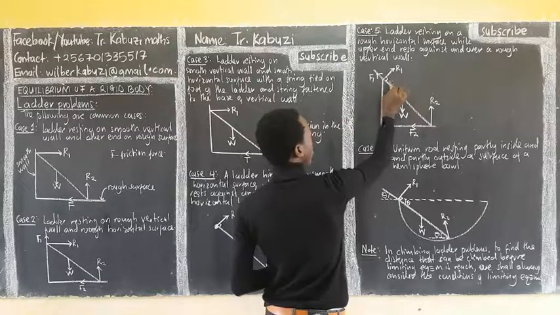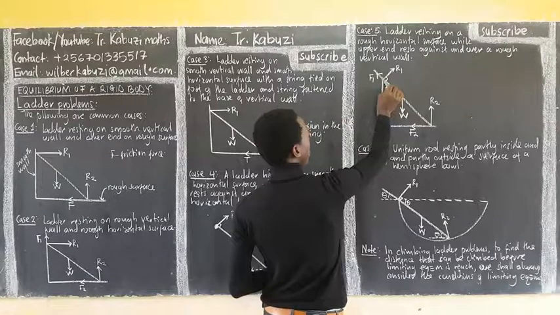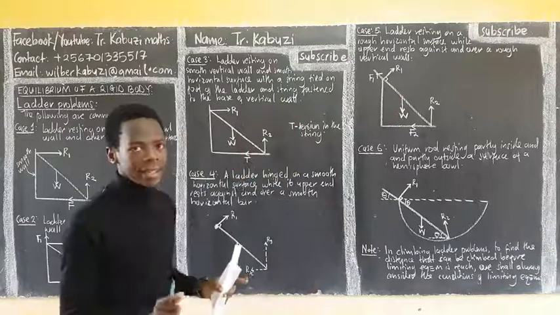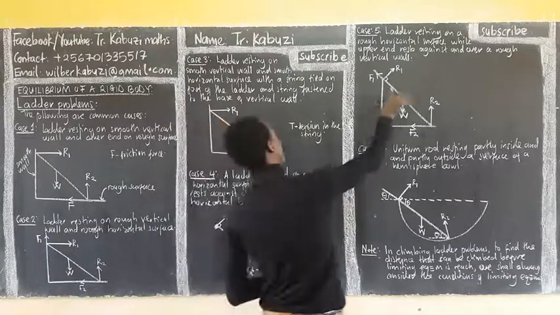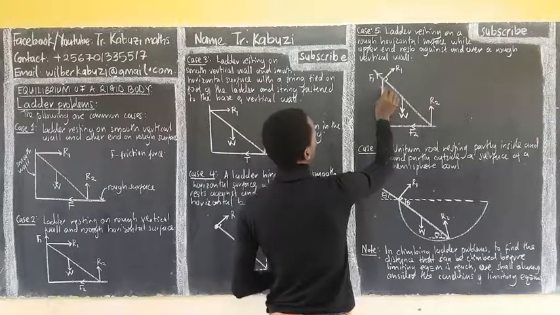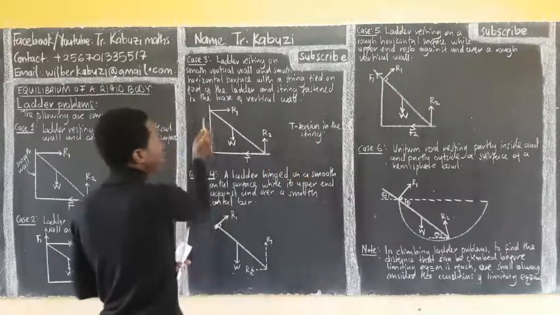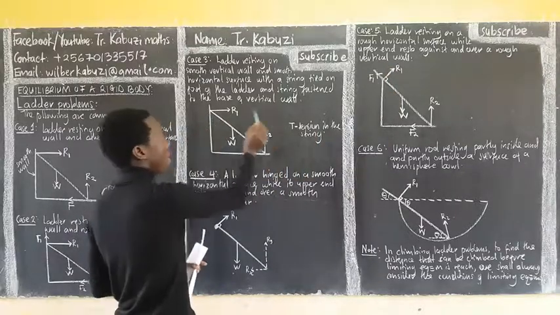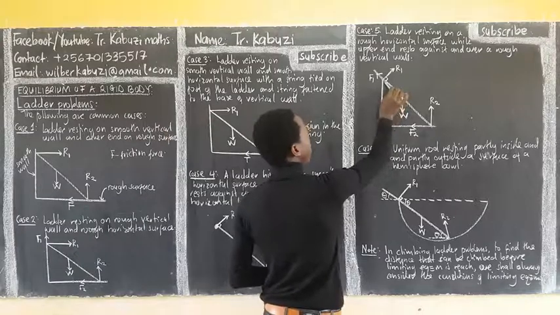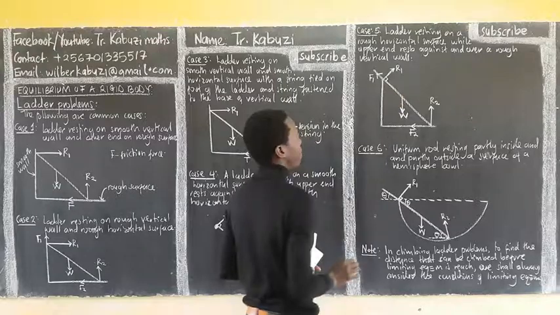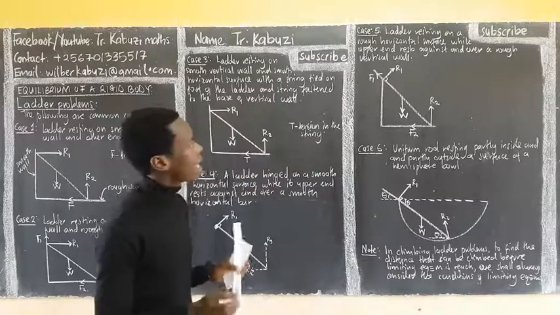This reaction is always perpendicular to this point of contact. That's the difference. This one is passing over the wall. If it's just resting on the wall, the reaction is perpendicular to the wall. But now it's resting at this point, so this reaction is going to be perpendicular to that point, as simple as that.